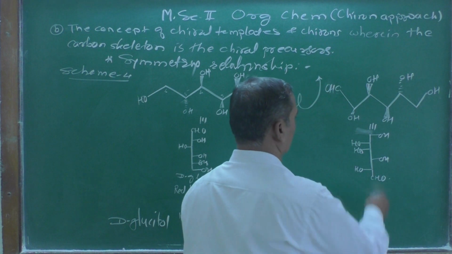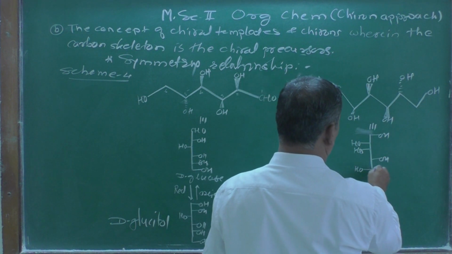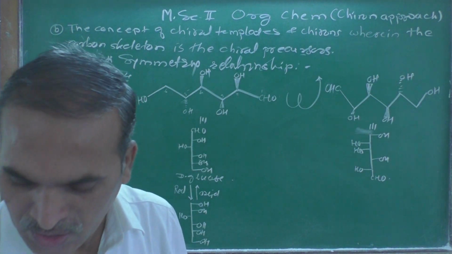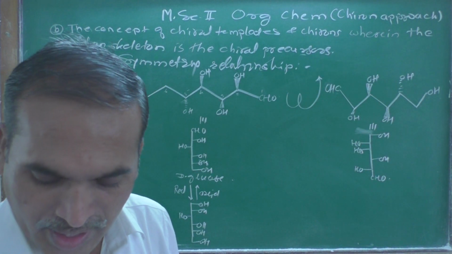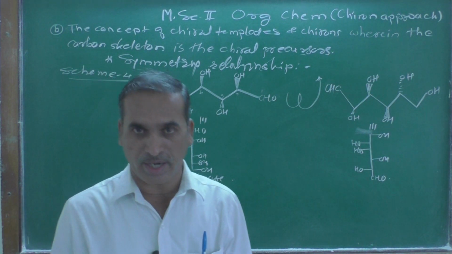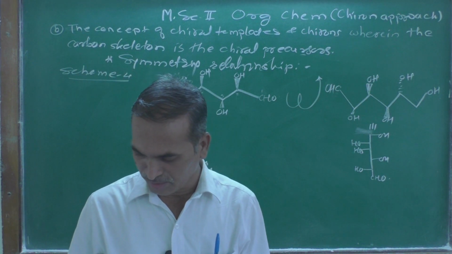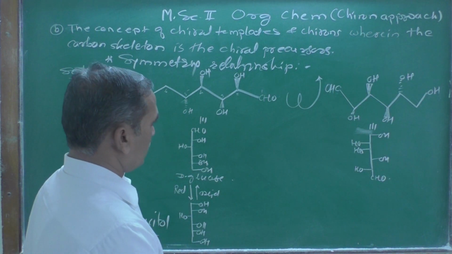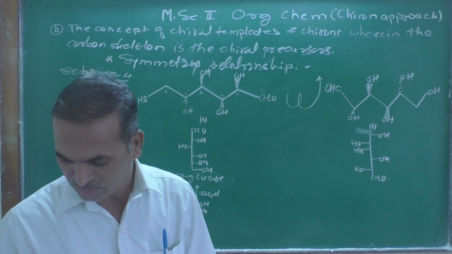This is the structure 1, 2, 3, 4, 5 and 6. Only the reverse of this, as we are trying to find out the symmetry of the molecule, right? That's the particular aim of this. Now this is the structure we got over here.